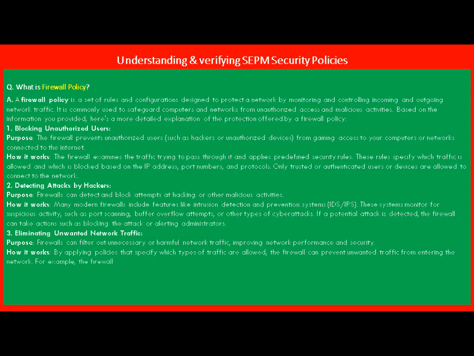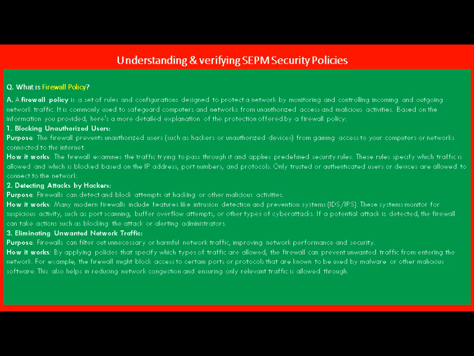For example, the firewall might block access to certain ports or protocols that are known to be used by malware or other malicious software. This also helps in reducing network congestion and ensuring only relevant traffic is allowed through.